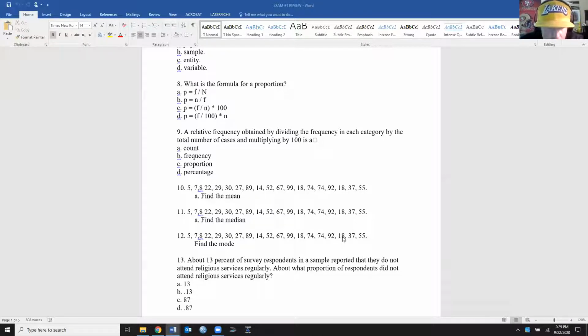And then I think it would be 67. 67 should be next. And then I think the two 74s. And then I think 89.